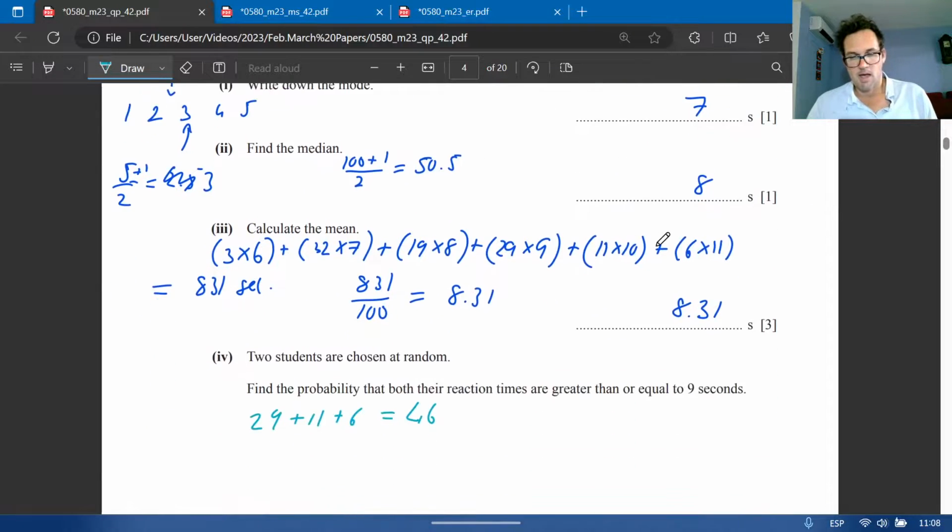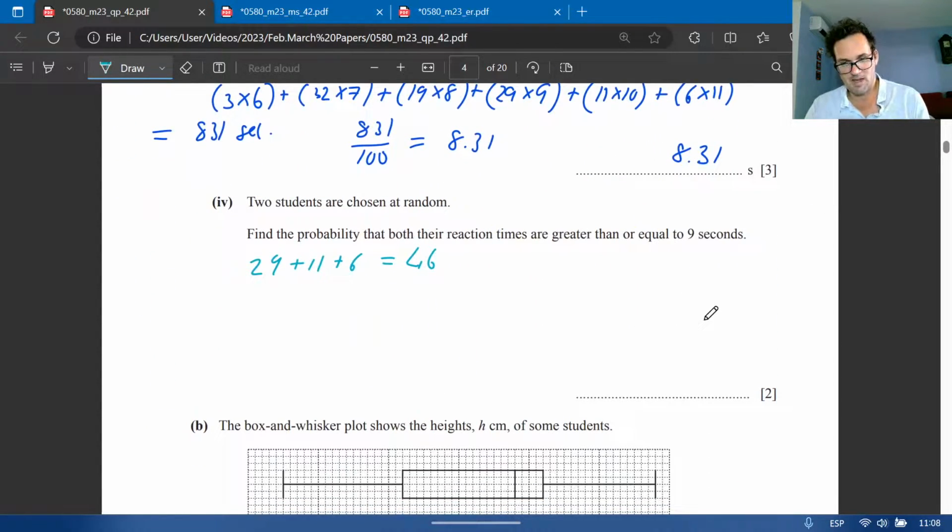Okay. How do we write a probability? As a fraction. So 46 out of 100 have a reaction time of 9 or more. So the probability of picking the first student is 46 out of 100. But then we're going to pick another one. Are we going to pick the same student twice? No, we're not.